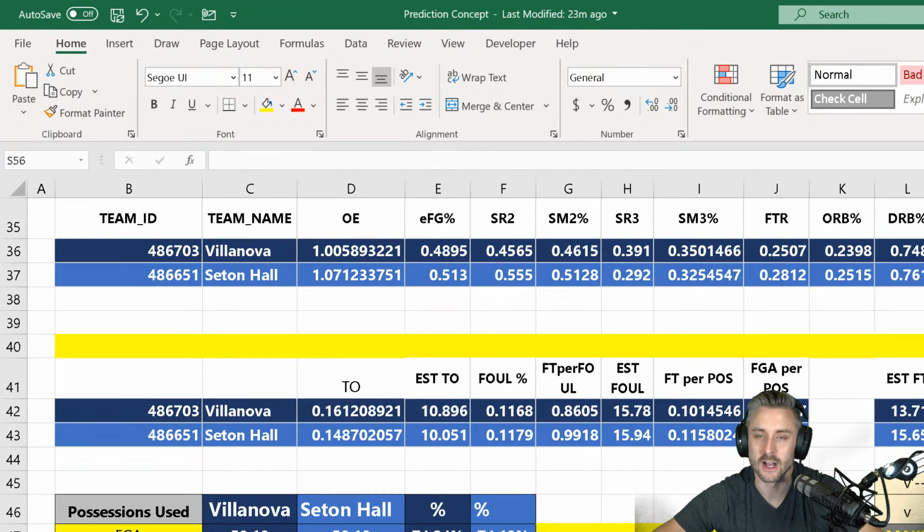Same thing with the blocks. So the miss X is basically what percentage of possessions end in a missed shot. Well, 50%. You divide that by Seton Hall's expected block percentage, which is about 8.5%, and therefore you can expect about 17% of Villanova's missed shots to be the result of a block.